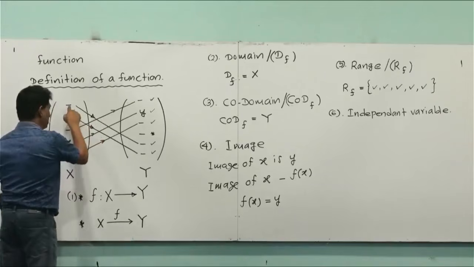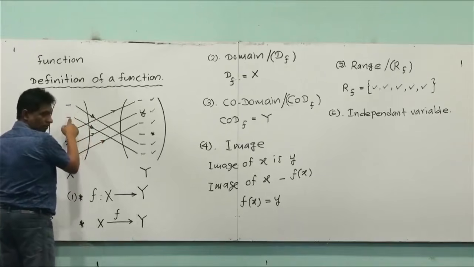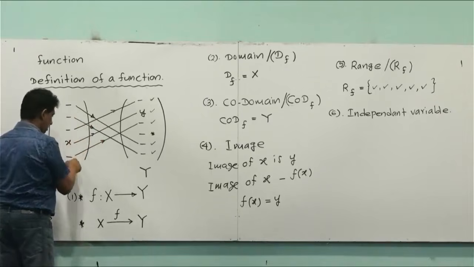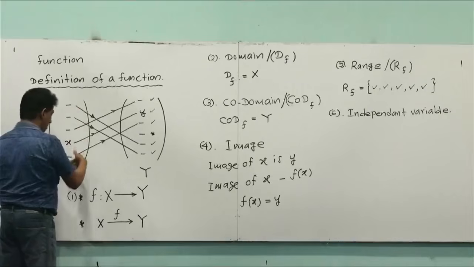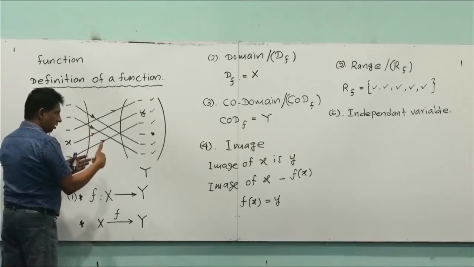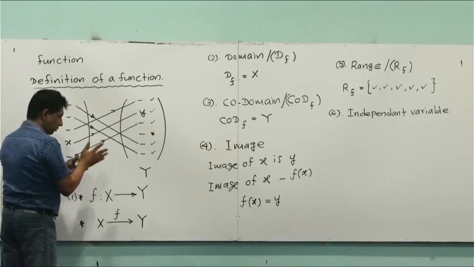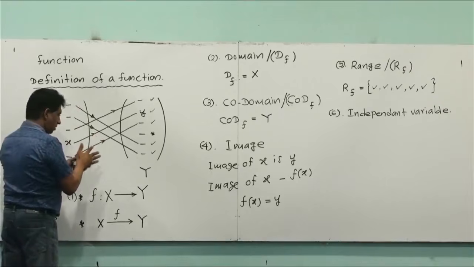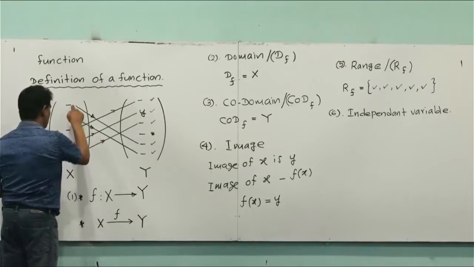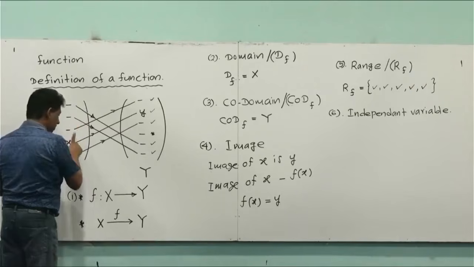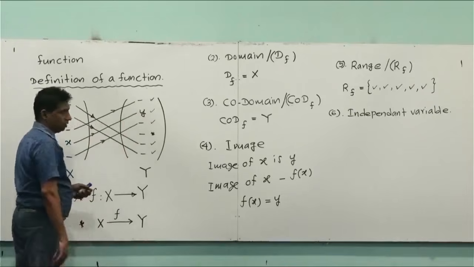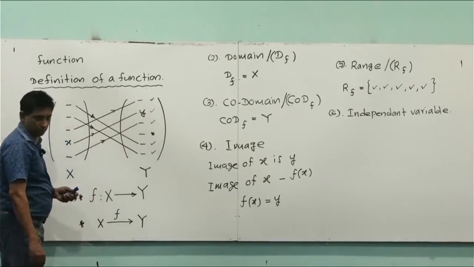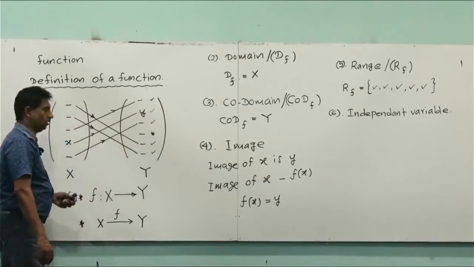One time it is this one, next time this one, then this one, again this one, like that. There is a variable, that variable changes, and as values it can take only elements of capital X. Then it is called an independent variable.